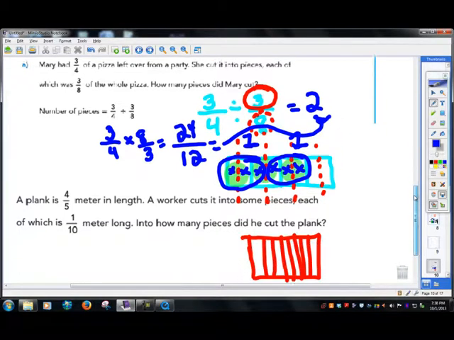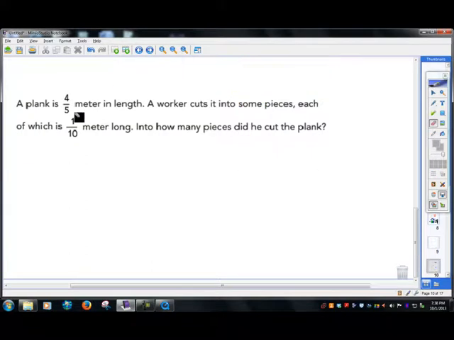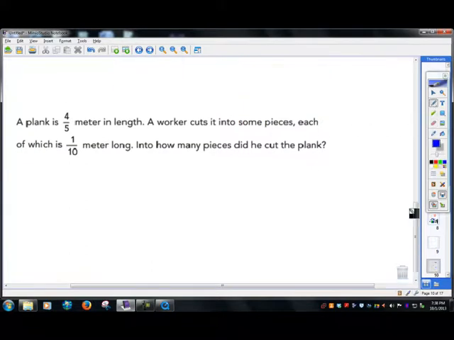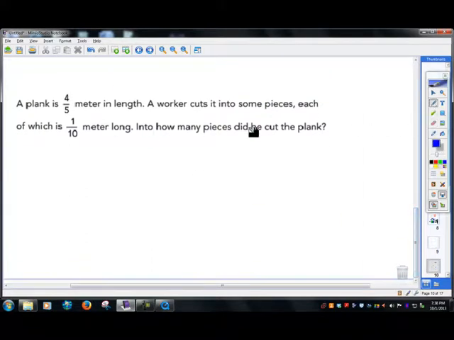Okay? Let's do this one down here. A plank is 4/5 of a meter. A worker cuts it into some pieces, each of which is 1/10 meter long. Okay? So your 4/5 plank, 4/5 of a meter, and we're dividing it into 1/10 pieces. Okay?